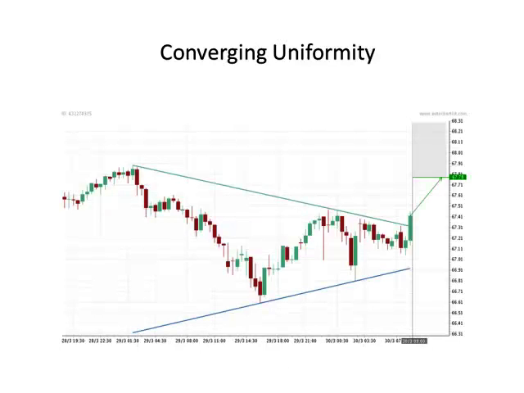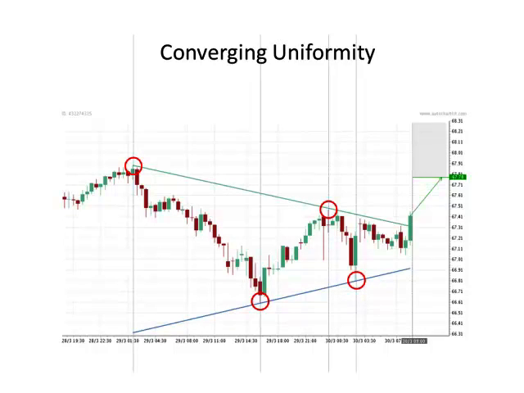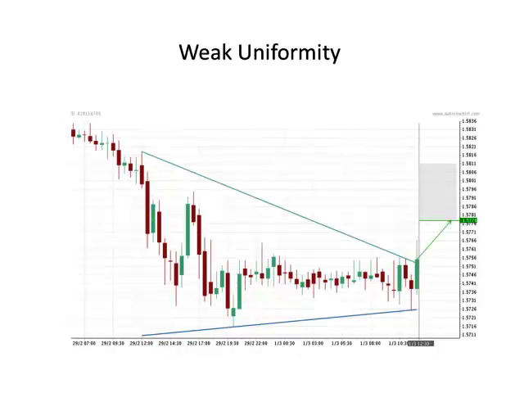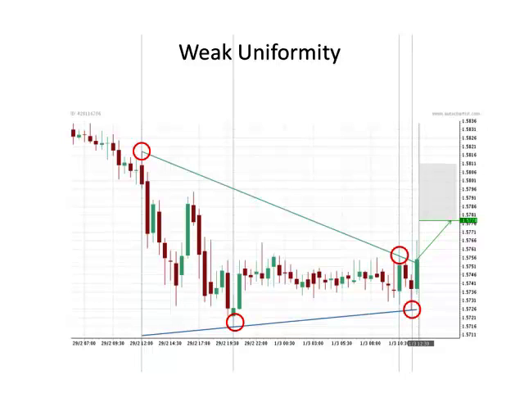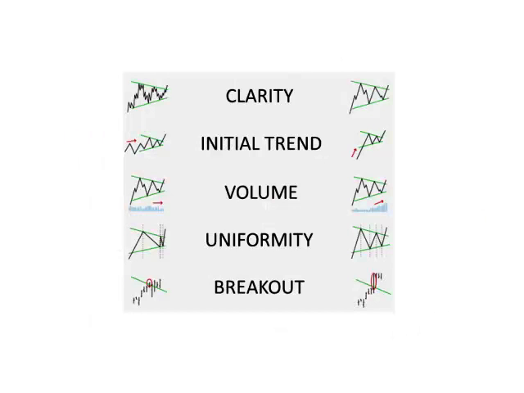For patterns such as triangles, where the support and resistance converge, the spacing will naturally become closer, but this is still okay because it looks natural and normal. But when you find 2 or 3 touching points all scrunched up together in one corner of the pattern, even your instinct will tell you that this is not a very well-formed pattern and it is not good looking. So these first 4 quality indicators are really measures of how good looking the patterns are.